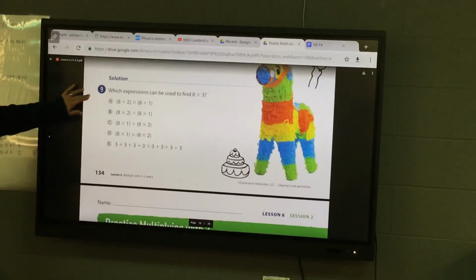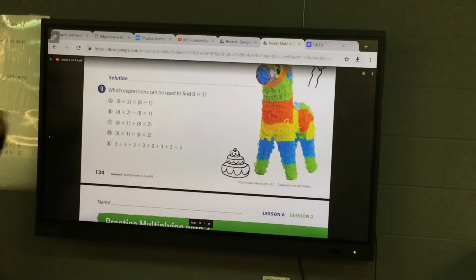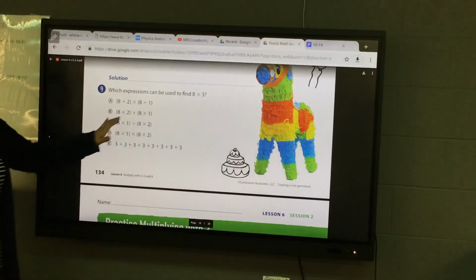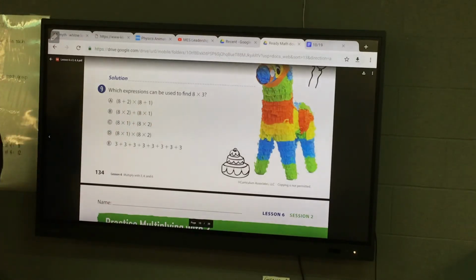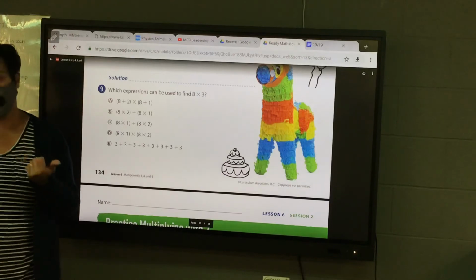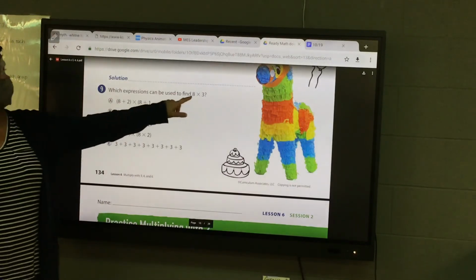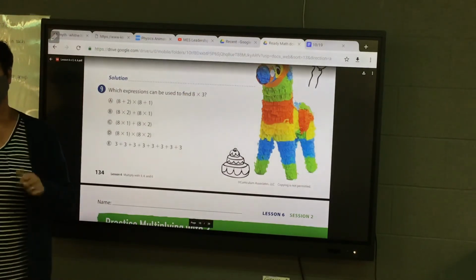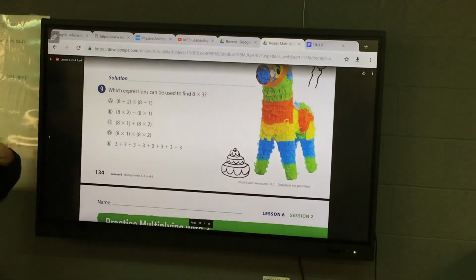Okay. So looking here, which expressions, which means there's more than one right answer, can be used to find 8 times 3? So they're not splitting apart the 8. What are they splitting apart? The 3. They're breaking 3 apart.